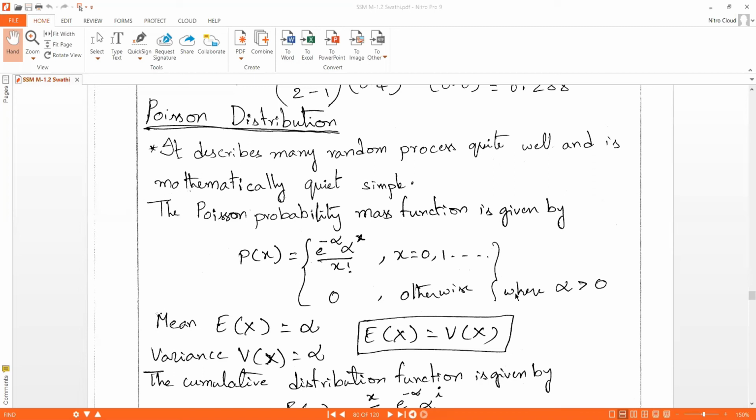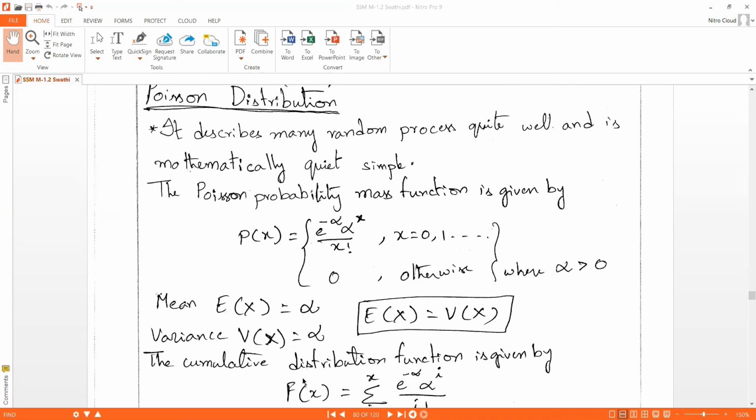Otherwise it is 0, where the alpha value is greater than or equal to 0. For Poisson distribution, mean is E of x equal to alpha, and variance is V of x equal to alpha. In Poisson distribution, mean is always equal to variance.